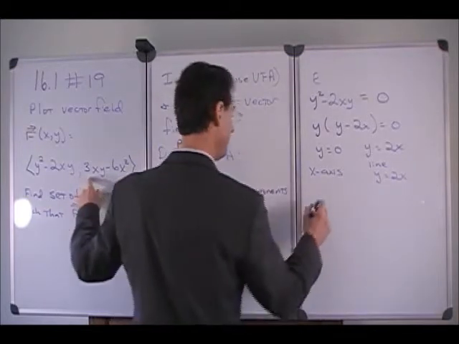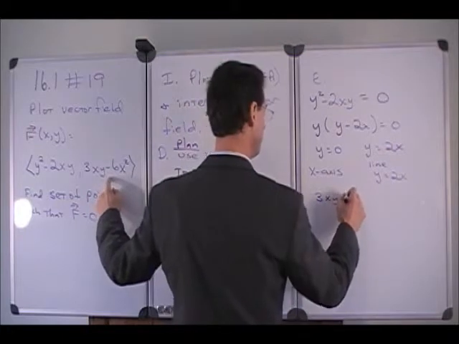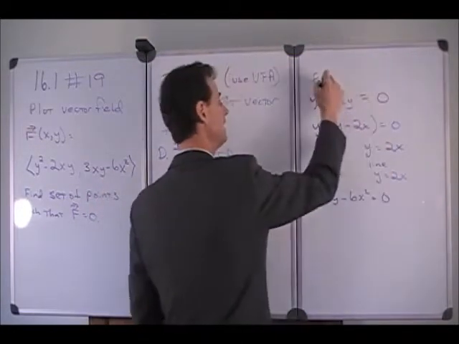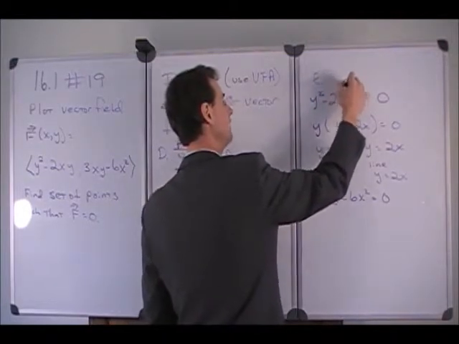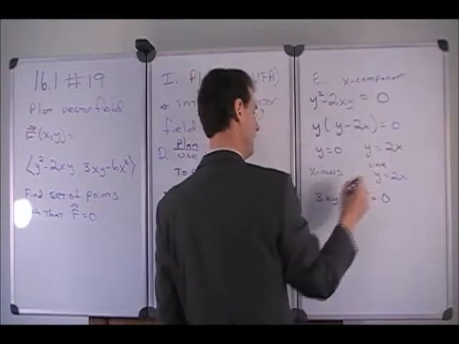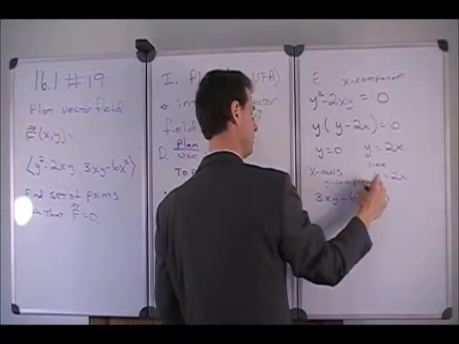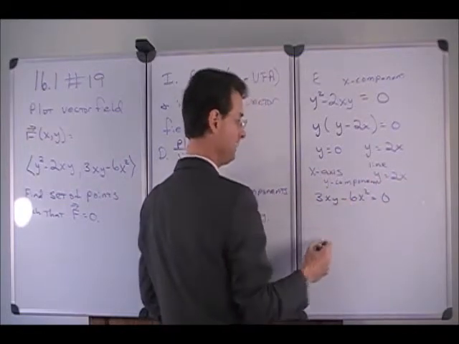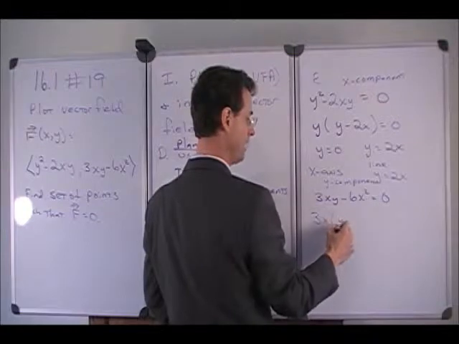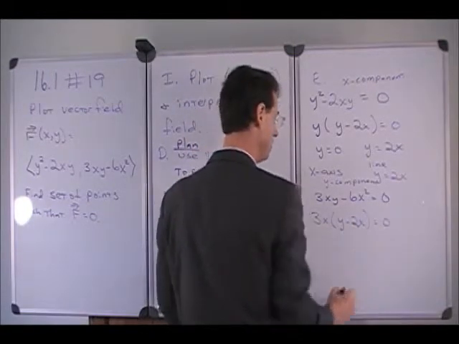Alright, now let's think about the y component. We have 3xy minus 6x squared equal to 0. So let's give our outline here. Now this is the x component, and this is the y component. So now we can factor out a 3x, and we get 3x times (y minus 2x) equal to 0.